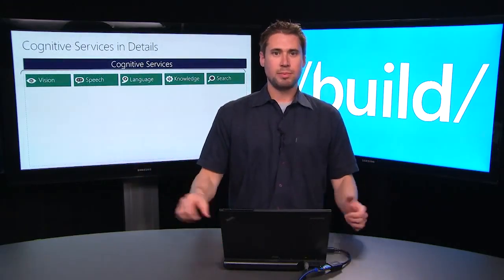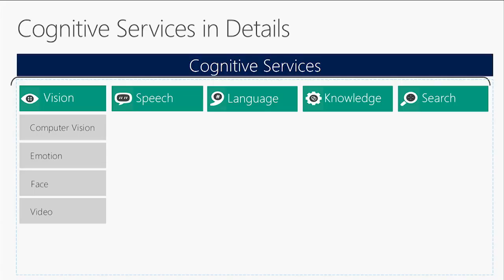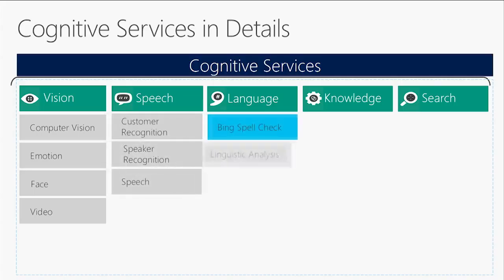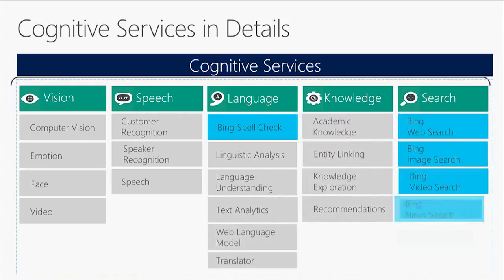So Satya, in the Build talk he just put out, talked about the Cognitive Services brand, and I want to share with you how we're part of that offering. There are 5 pillars: vision, speech, language, knowledge, and search. Today I'm going to focus on the Bing Spell Check API as well as the Bing Search APIs.